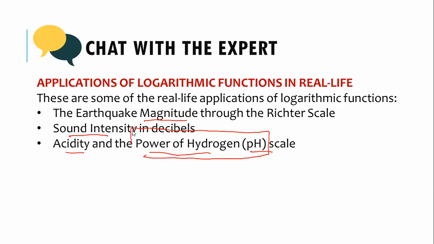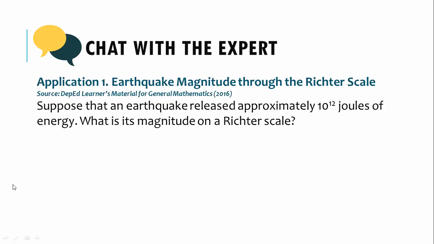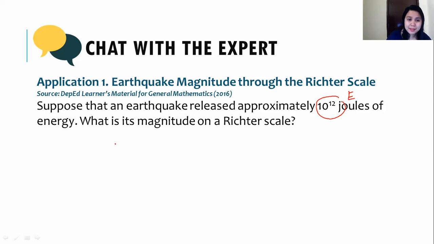Now, let us have some formulas. Let's start. Ready? The first one. Suppose that an earthquake released approximately 10 to the power of 12 joules of energy. So this is now our energy. What is its magnitude on a Richter scale? Okay, so remember the formula for the magnitude.